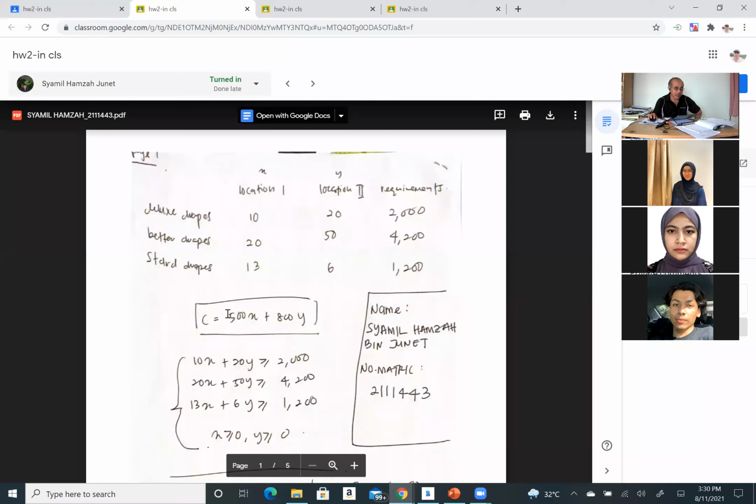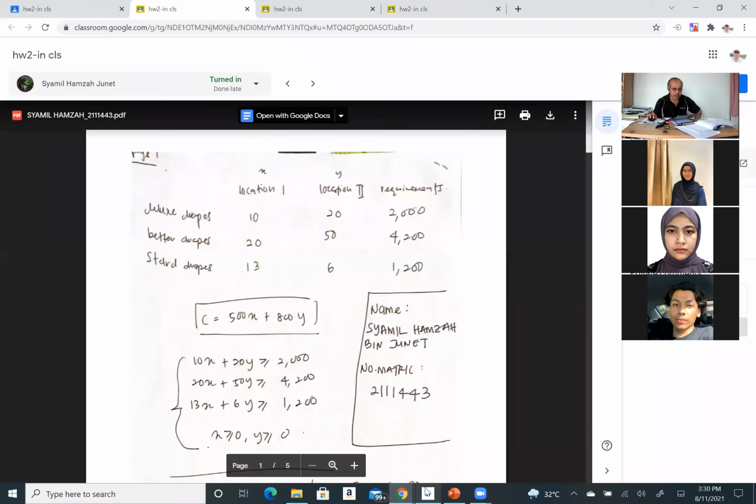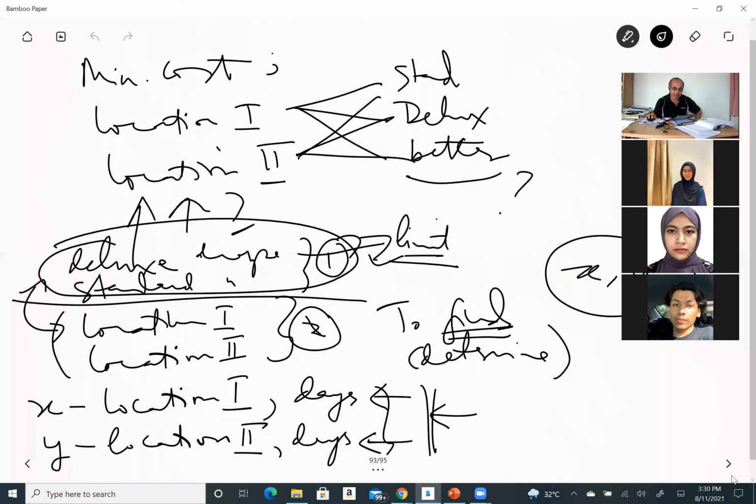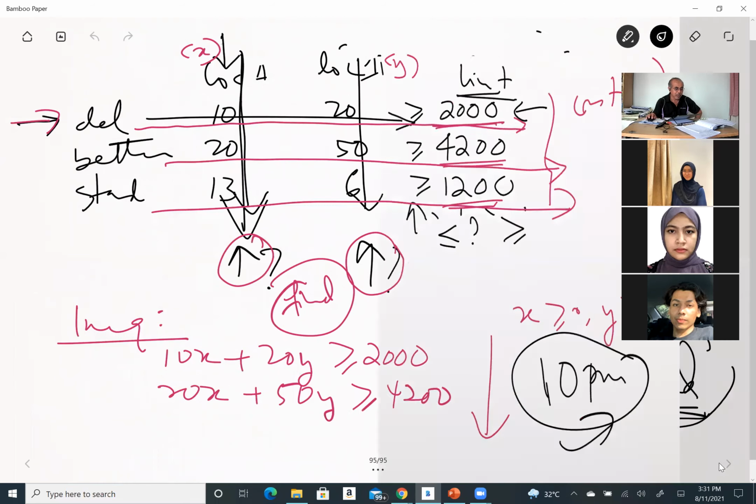And after that, you come up with the cost. When you come up with the cost, you have to show how you come up with the cost. I did that, but you didn't do it. How did you come up with the cost?